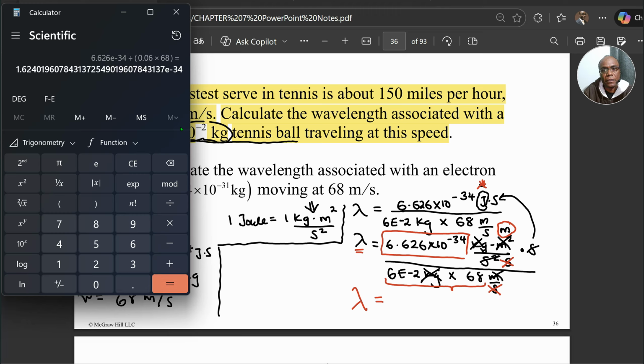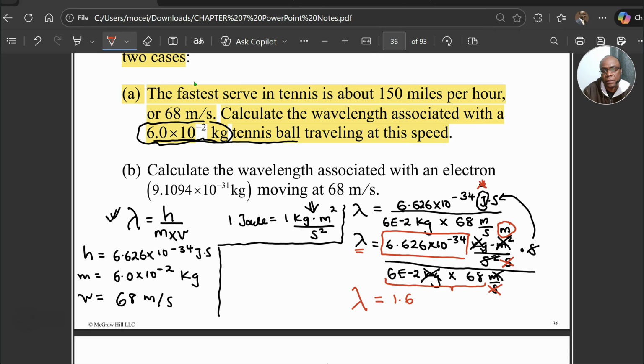Close my parentheses, and my answer is 1.624 times 10 to the exponent minus 34. Remember, our unit that survived was a meter.